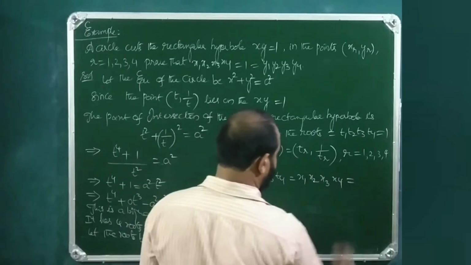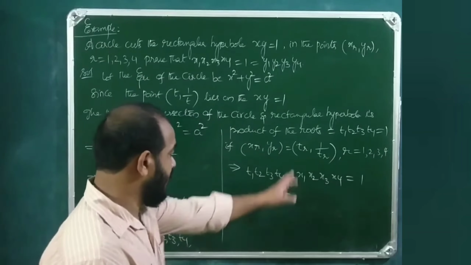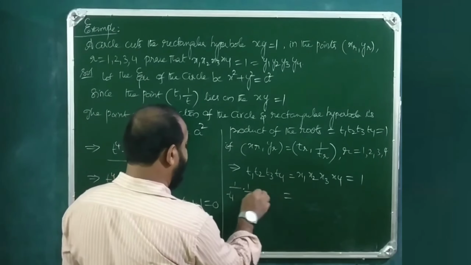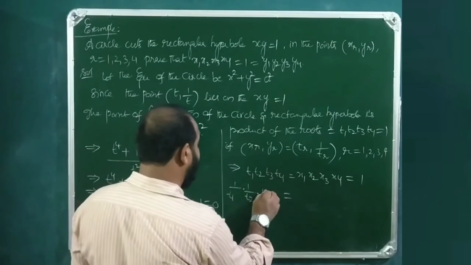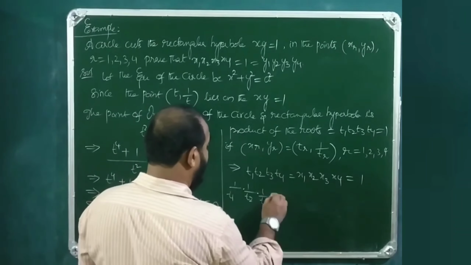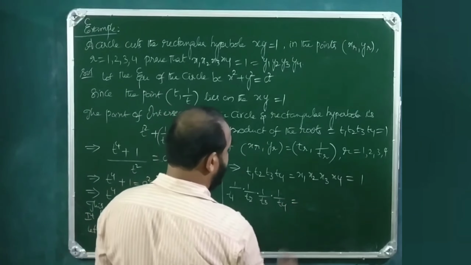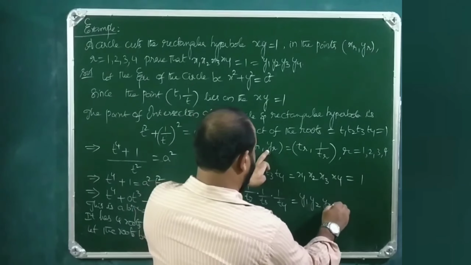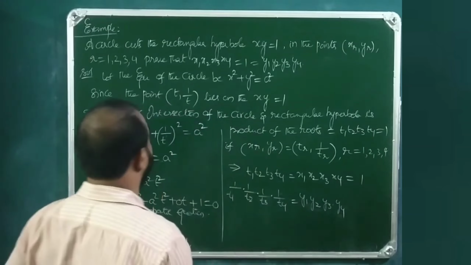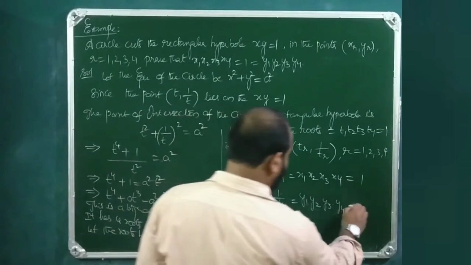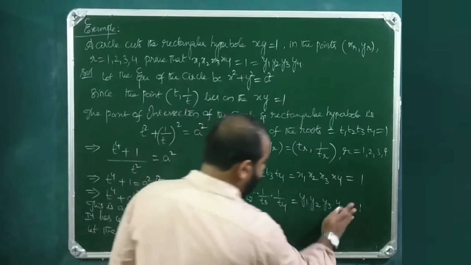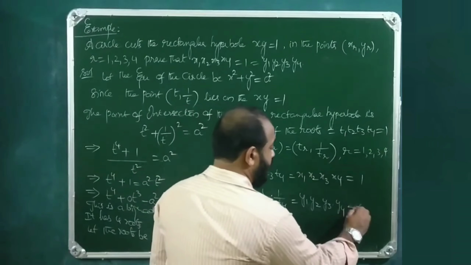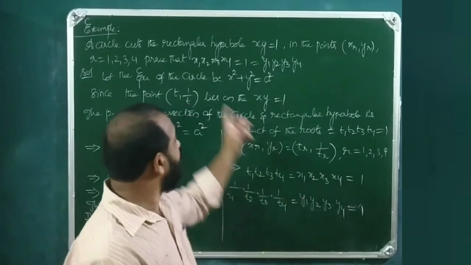So this is equal to, and 1 by T1 into 1 by T2 into 1 by T3 into 1 by T4 is equal to y1 y2 y3 y4. So this is equal to 1 by T1 T2 T3 T4. So 1 by 1 is equal to 1. So this is what we need to prove.